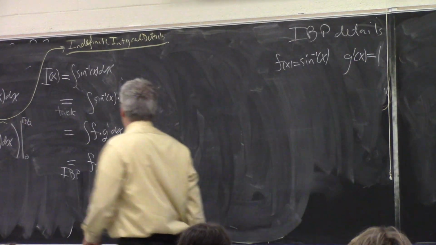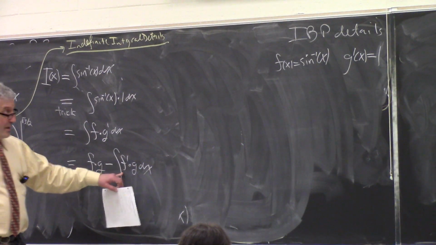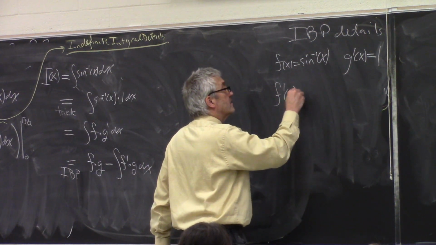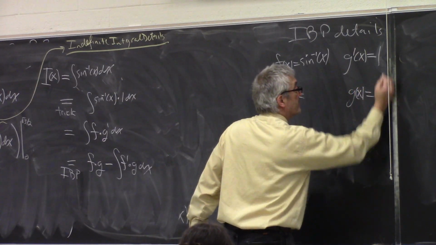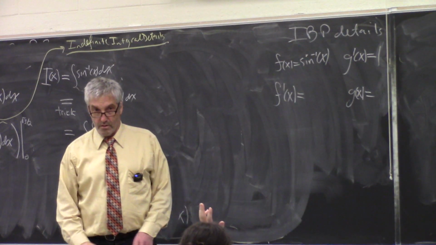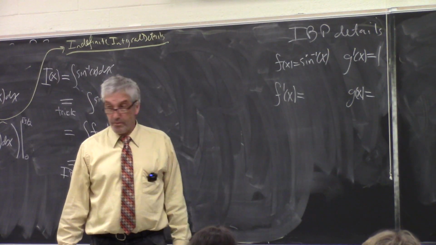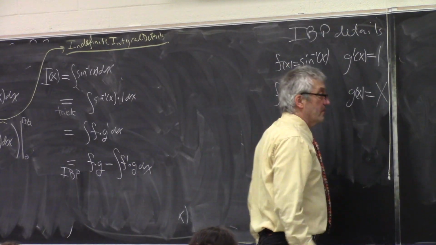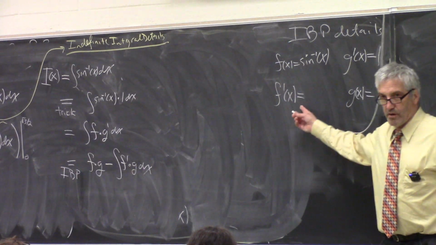And according to this, we're going to need f prime, and we're also going to need g. All right, raise your hand if you know one of those things. Marcy. Antiderivative of 1. Okay, what's that going to be? X. X, all right.